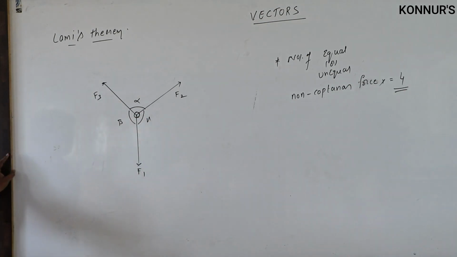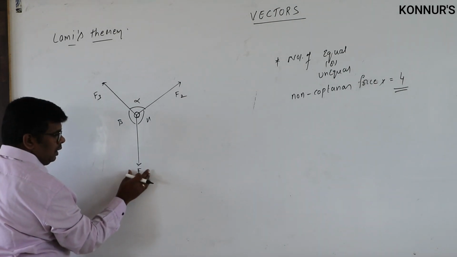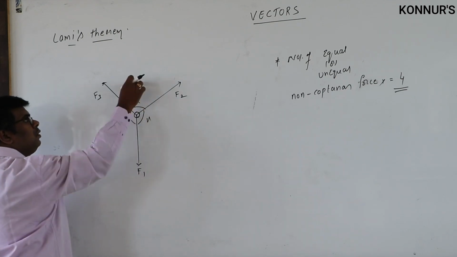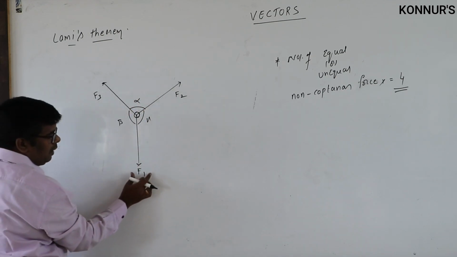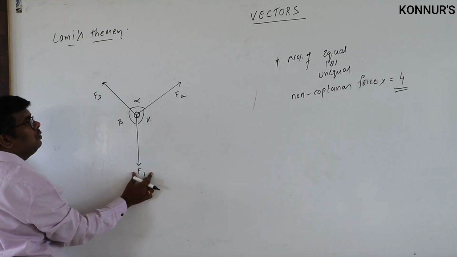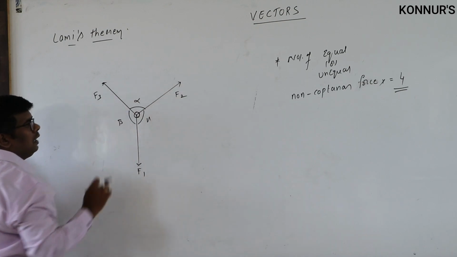According to Lami's theorem, the force acting on the body is directly proportional to the sine of the angle between the other two forces. Let us suppose F1 is directly proportional to sine of the angle between the other two, that is between F2 and F3.